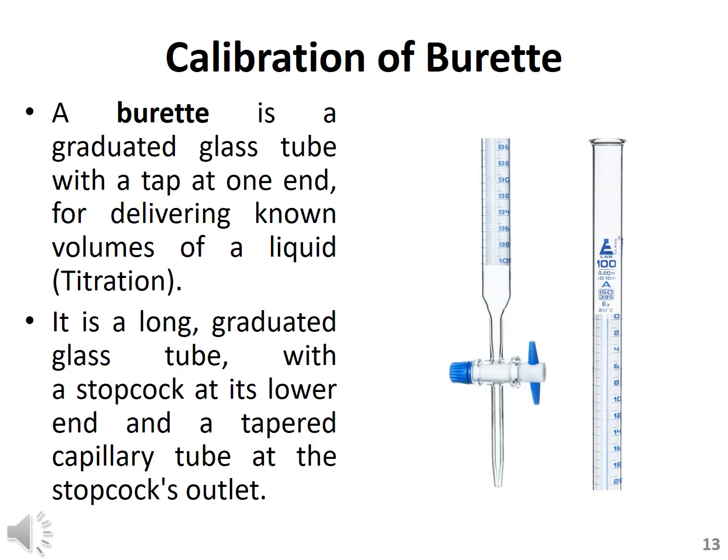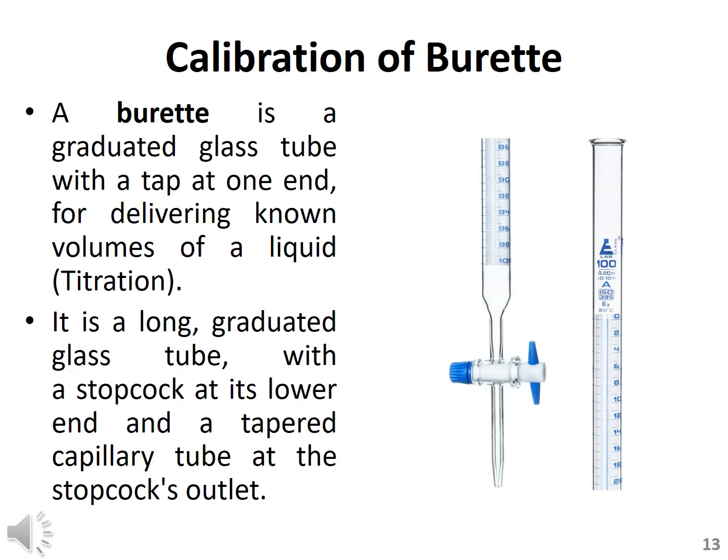The burette tube carries graduated marks from which the dispensed volume of the liquid can be determined. The burette is used to measure the volume of a dispensed substance but is different from a graduated measuring cylinder, as its graduation measures from top to bottom.